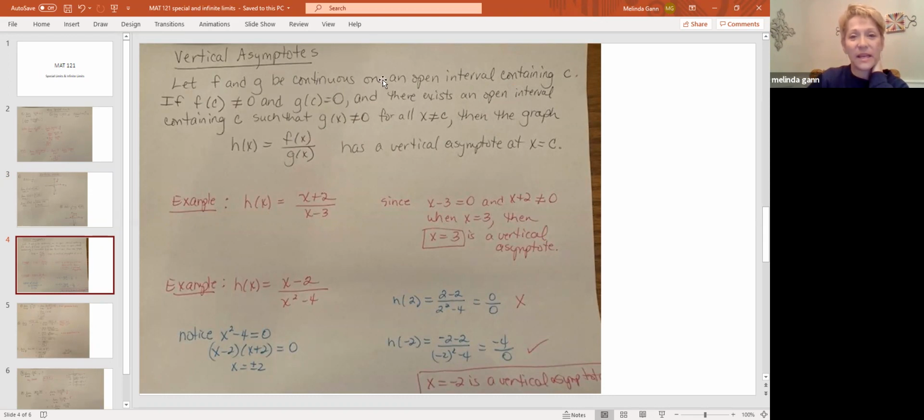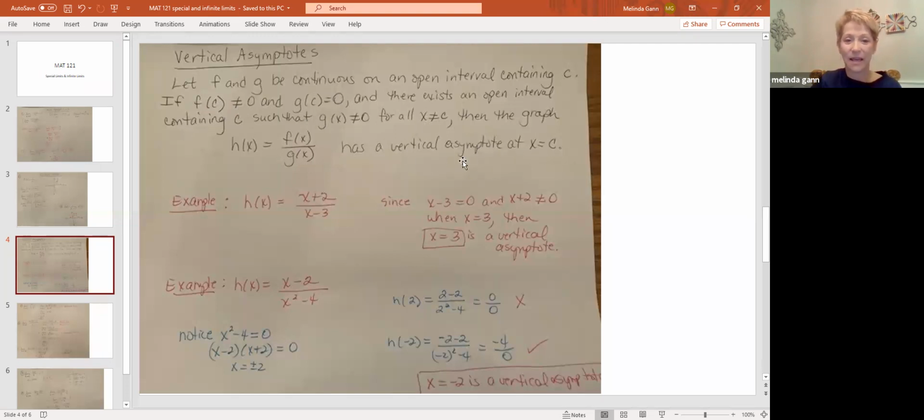Let f and g be continuous, we'll talk about that later, so no jumps, no gaps, nothing like that, on an open interval containing c. If there's an x value c where the bottom equals 0, see g of c equals 0, and the top, f of c, does not equal 0, then x equals that number is going to be a vertical asymptote.